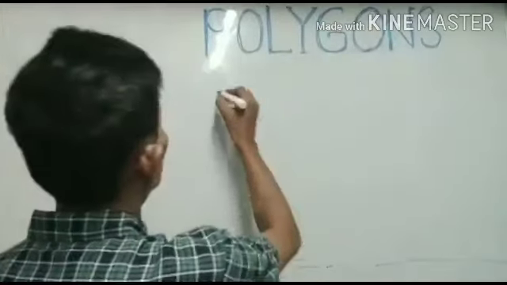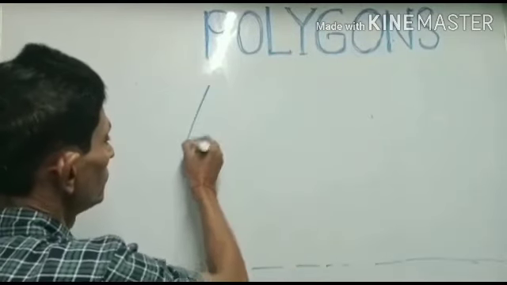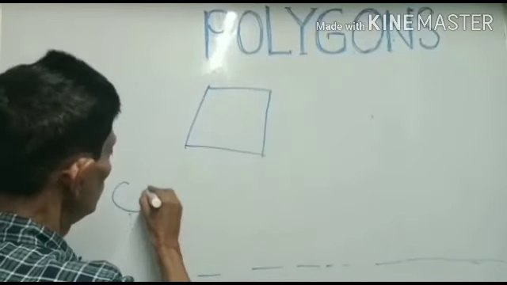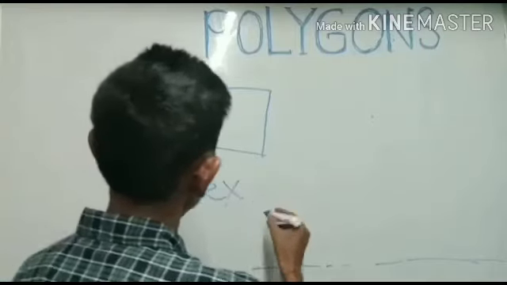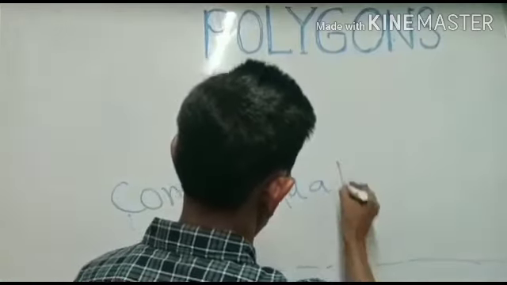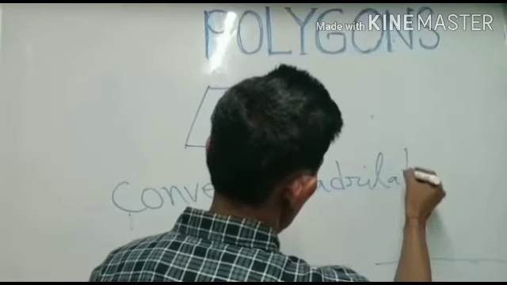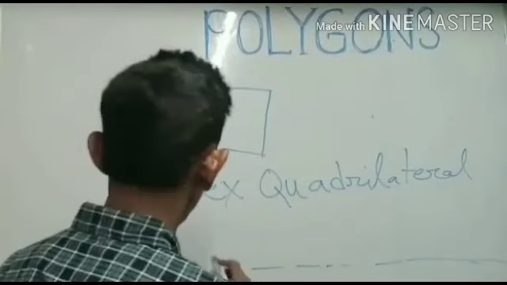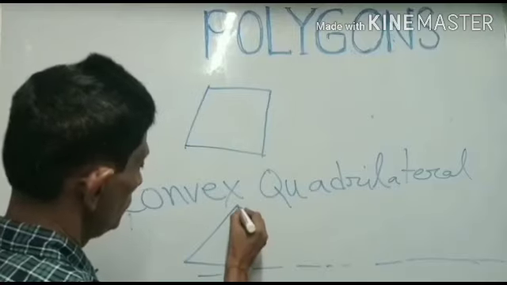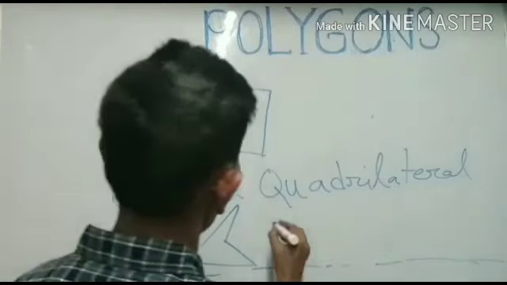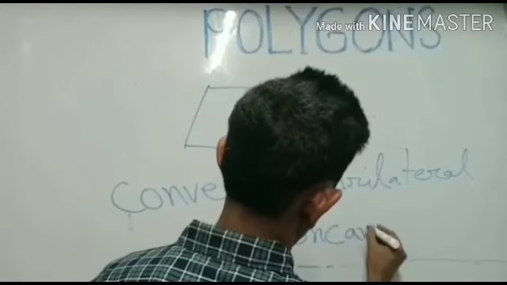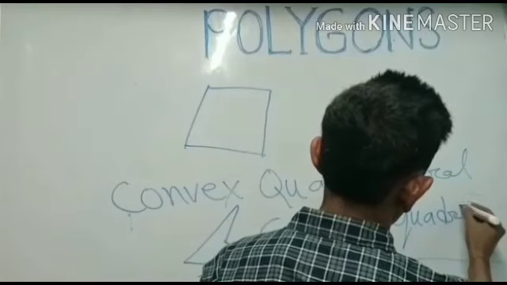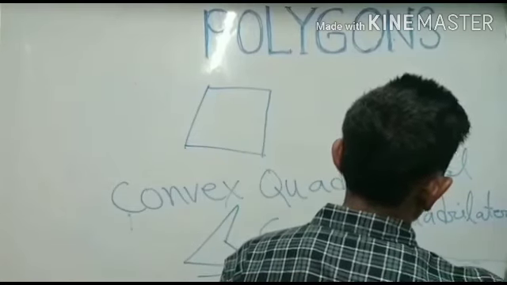Suppose this quadrilateral, this is a convex quadrilateral, and here this is a concave quadrilateral.